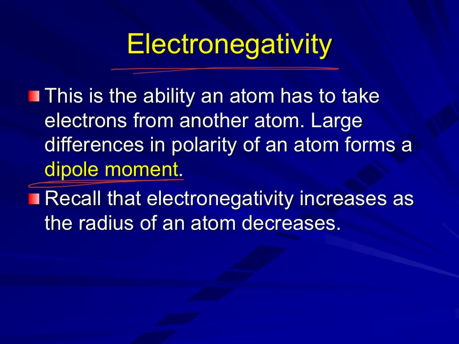Something to keep in mind is that electronegativity increases as the radius of an atom decreases. If you remember way back when we were talking about periodic trends, as you go to the right on the table or up on the table, radius decreases and electronegativity increases, with fluorine being your most electronegative atom.